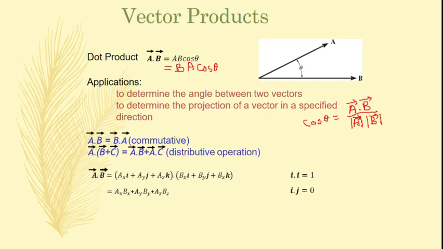Now, in this case, the dot product is commutative, meaning the result we get if we take the dot product of a with the vector b is the same result we get if we take the dot product of the b vector with the a vector. Okay.